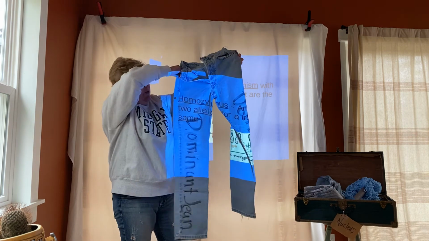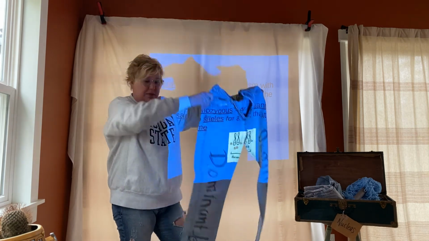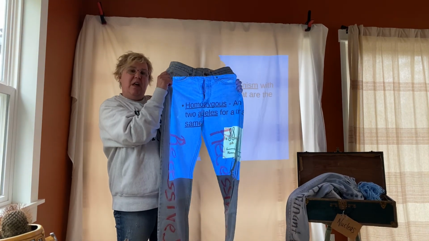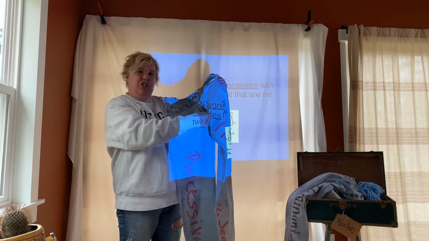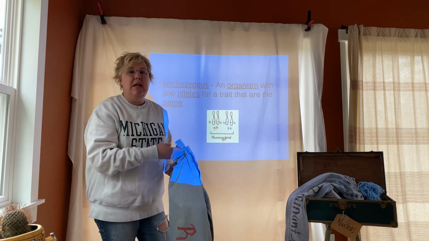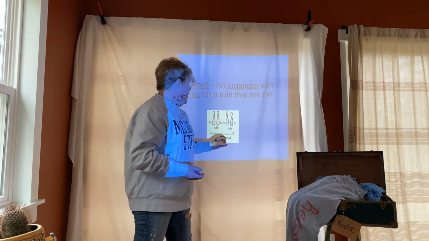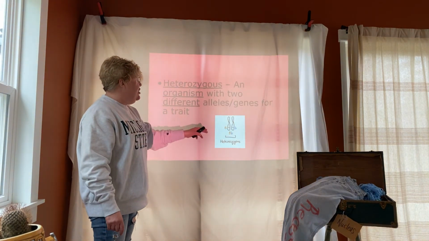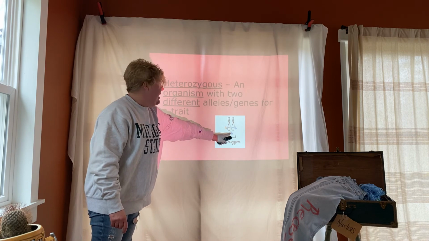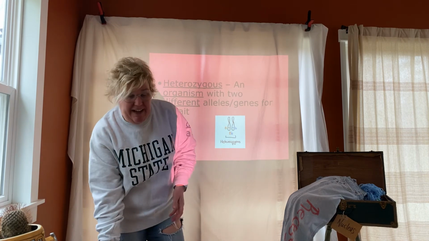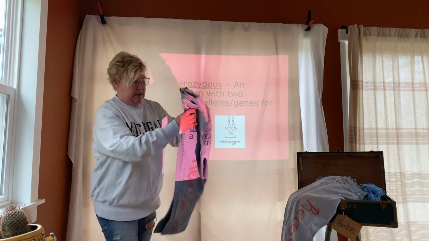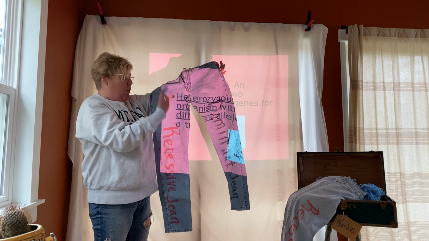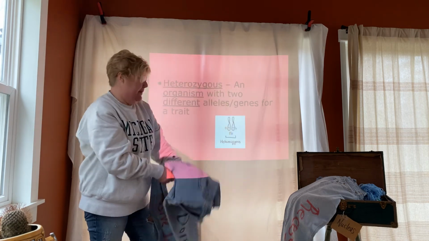They're either homozygous dominant, where they're both dominant, or homozygous recessive. So that means both genes in this gene pair are the same allele or same type. But like we saw earlier, you can have gene pairs where one is dominant and one is recessive, and that's called heterozygous. That means in the gene pair they're different. One is recessive and one is dominant.